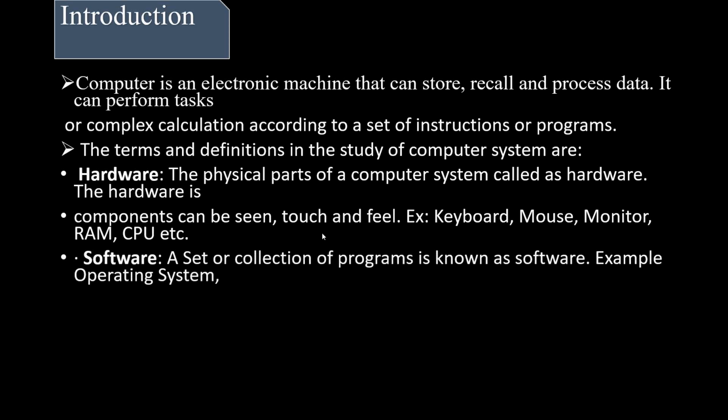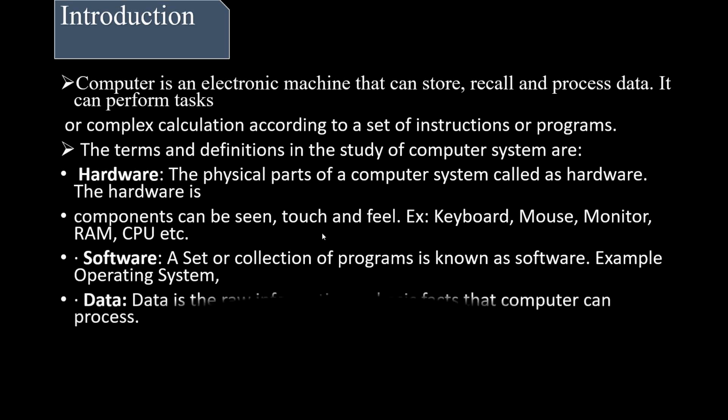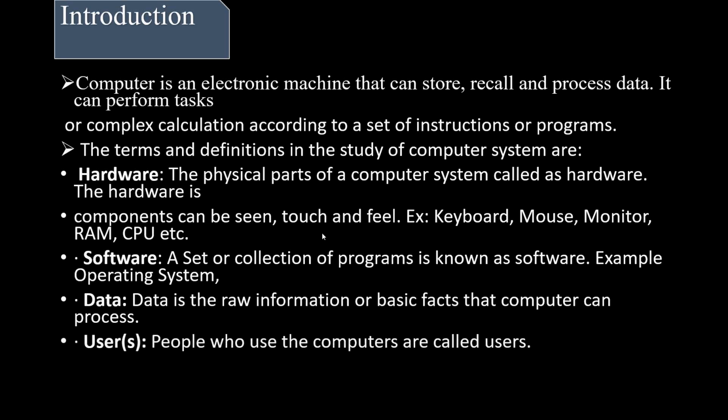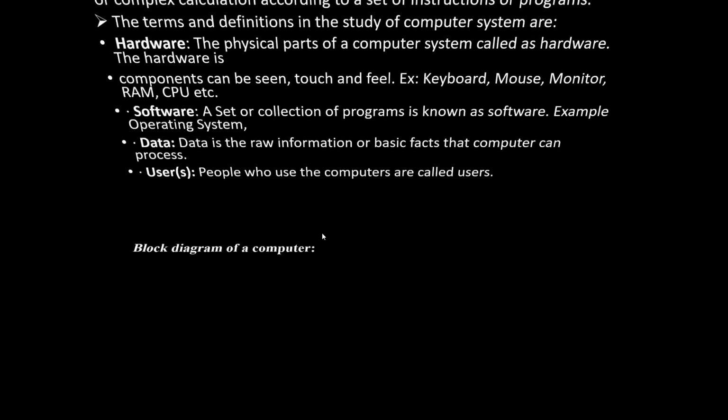Software means a set of programs, a collection of programs, for example operating systems. Data is raw information, collecting information and basic facts that a computer can process. Users are the people who use the computer.